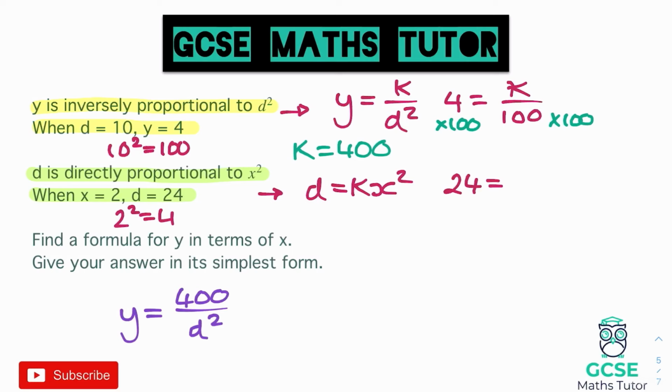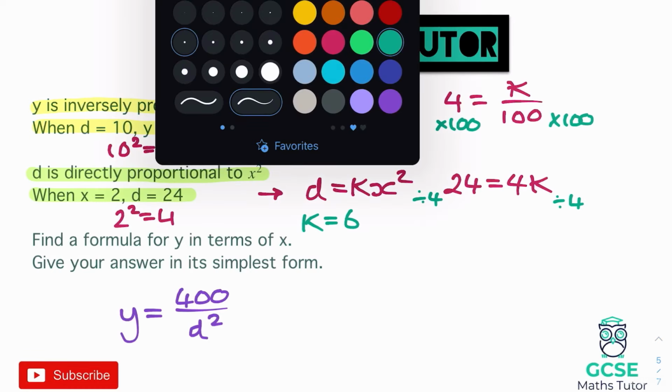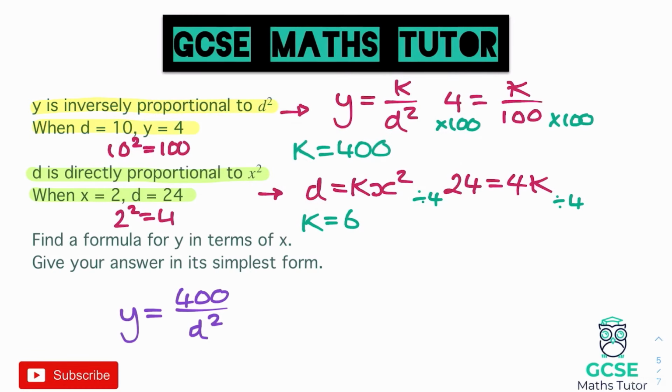Okay, so to rearrange that, we're going to divide both sides by 4, and we get k equals 6. So we can rewrite our formula there, having k as 6. So we have d is equal to 6x squared, and there's our two formulas written.